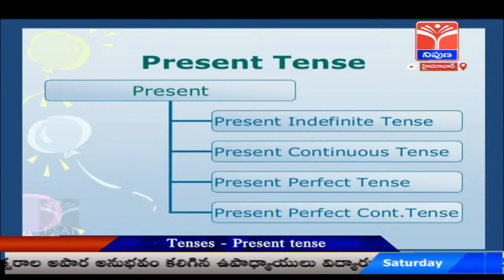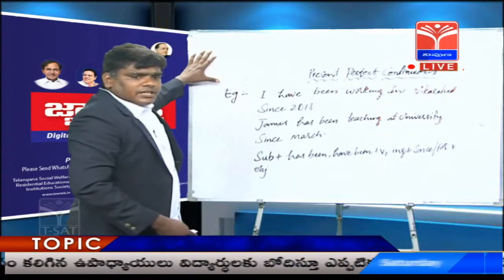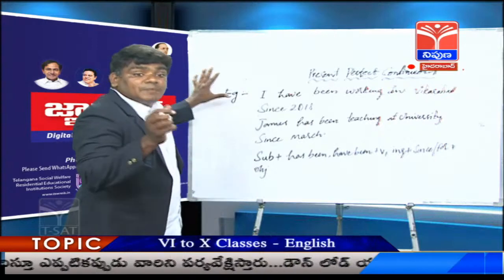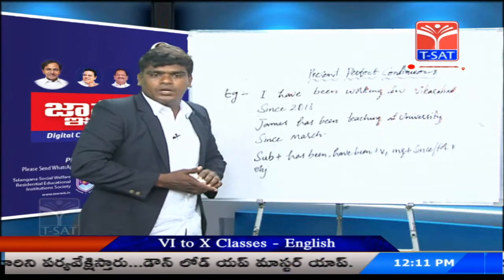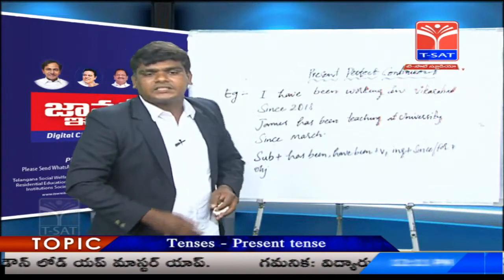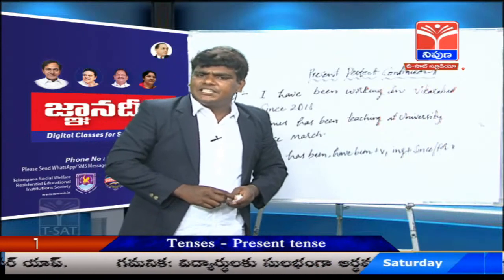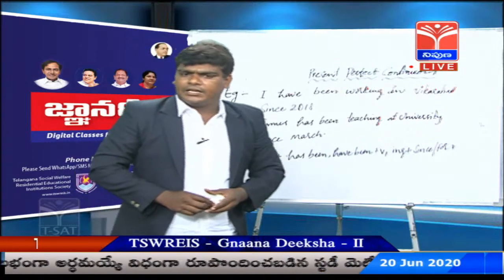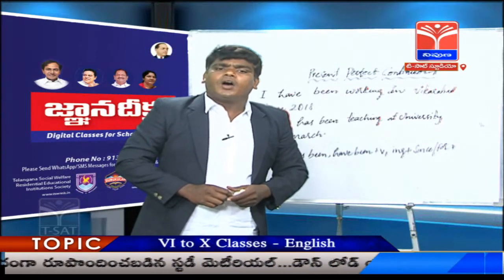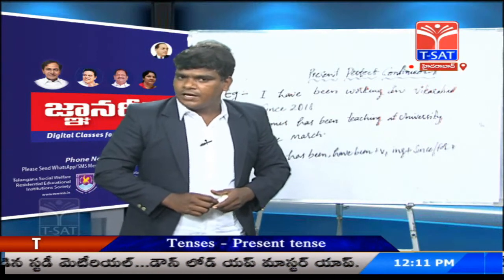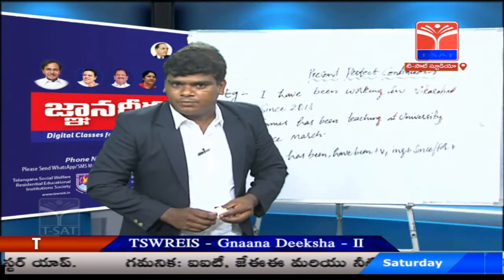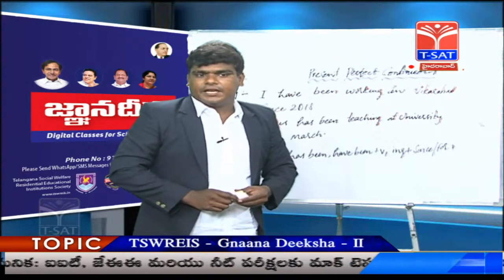We came to know all the structures with examples and the usage, and some spelling rules also. And please ask your teacher, because all the teachers are teaching you online. Ask your teachers how to make questions and how to make negative sentences in present tense.